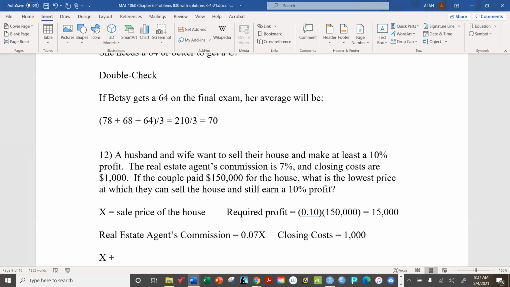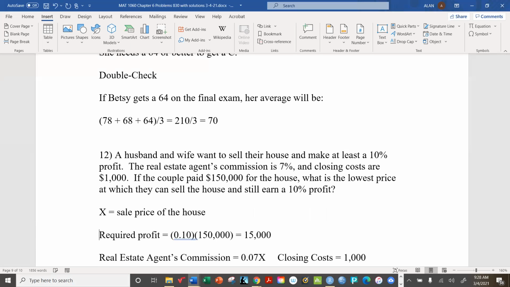So to make all this work, they need the original sale price, they need the profit of 15,000, they need to cover that commission, and they need $1,000 to cover the closing costs. So it has to be at least, let's see, it has to be, oh, no, I've set it up completely wrong. X is the sale price. My fault, sorry. The original price, let's do it.